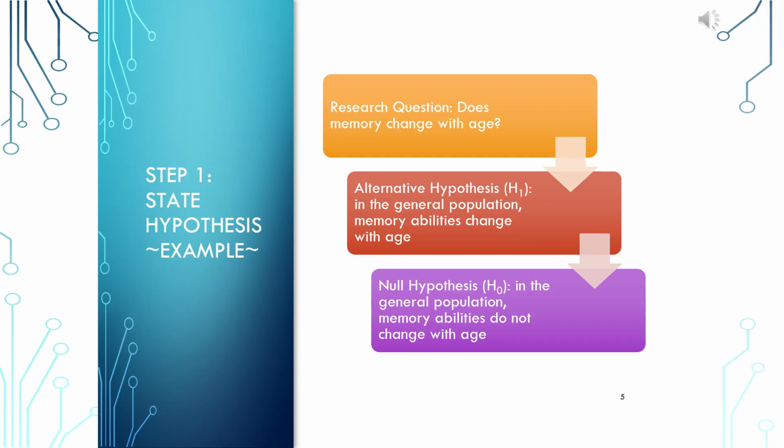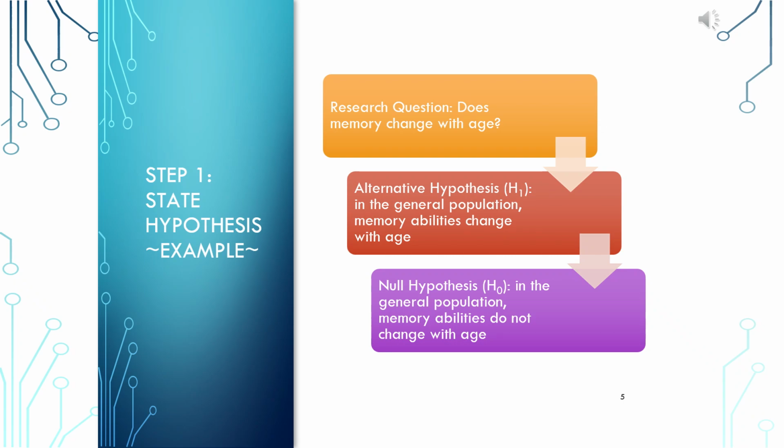So typically in research, we start with a question that is interesting to us as researchers, right? So does memory change with age? Or can you treat depression with antidepressive medications? Or can you increase IQ by using some kind of teaching intervention? All right.